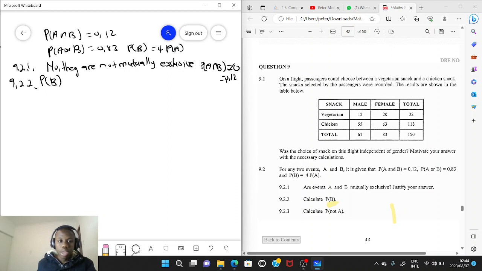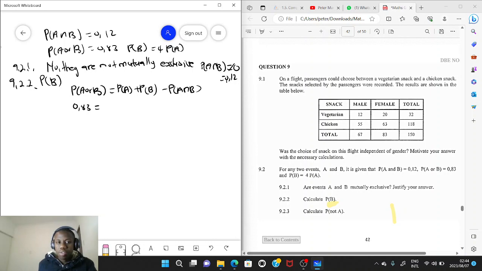So we'll have the probability of A or B equal to the probability of A plus the probability of B minus the probability of A and B. What is the probability of A or B, if I may ask? It is given in the question as 0.83.